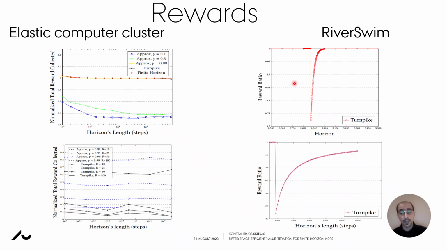On the reverse stream example, again, the reward ratio drops at specific horizon steps, where the swimmer has to make a choice and the decision is difficult. You can see how many rewards you can lose if you choose a stationary policy, and the rewards are significantly lower if we consider the variation we did, a small change.